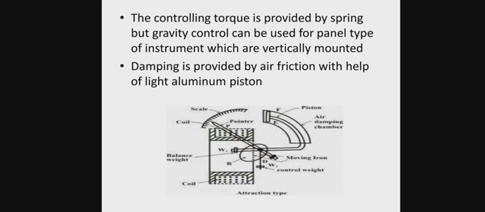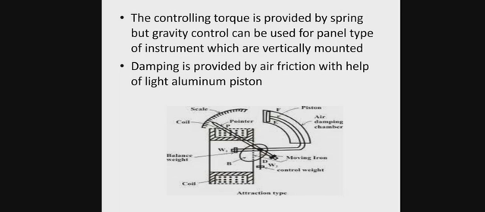By magnetic induction, the moving iron gets magnetized, and then the north pole of the moving iron is attracted by the south pole of the fixed coil. Thus the deflecting force is produced due to the force of attraction.